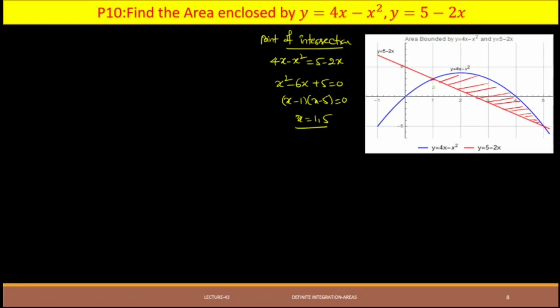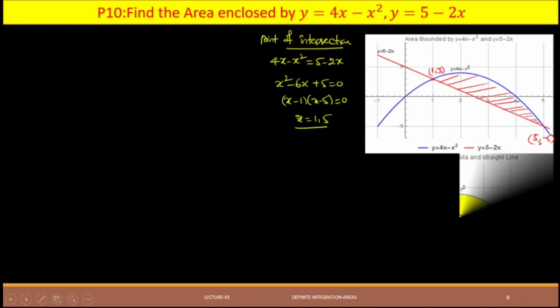So you can see that at 1 exactly, this is 1 comma 4 into 1, that is 4 minus 1, so this should be 4 comma 3, and this should be 5 comma, it is some negative value, so 5 minus 10, that is minus 5. So let me show you the shaded region here.